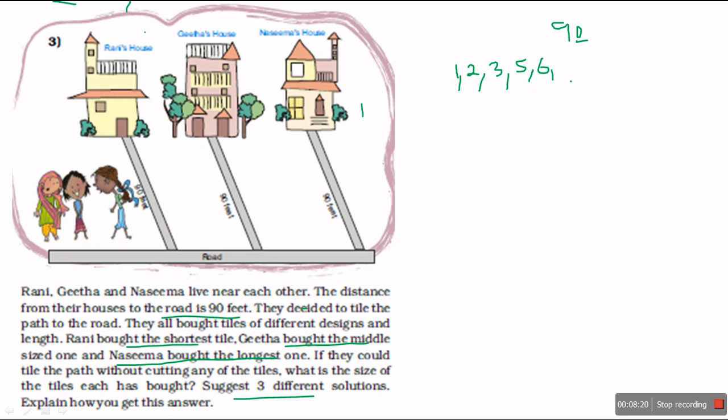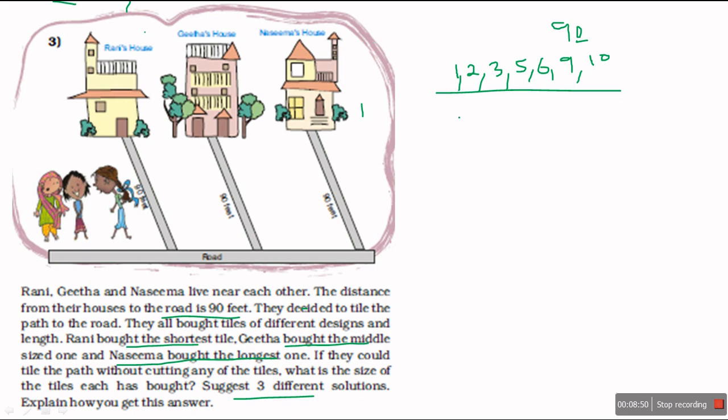See the divisibility test link in the I button above. 9 is its factor and 10 is its factor. So these are the numbers which are factors of the size of the path. Any tile brought with this size will fit in the path without cutting.